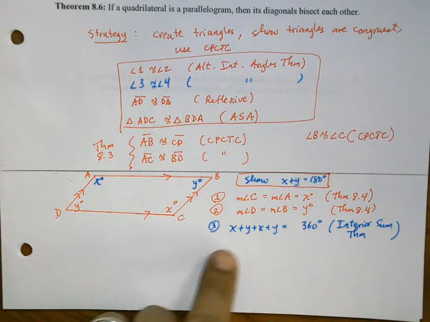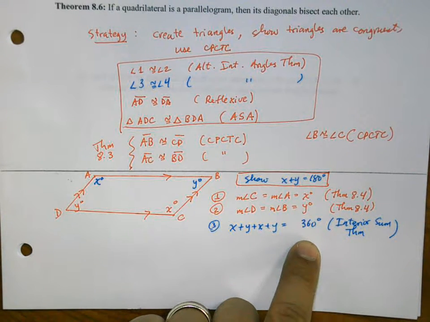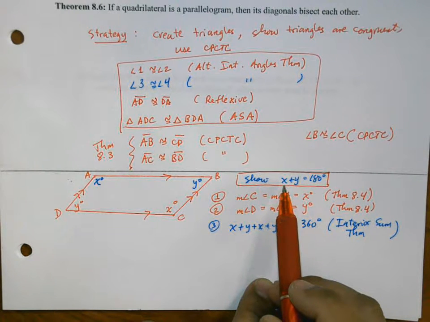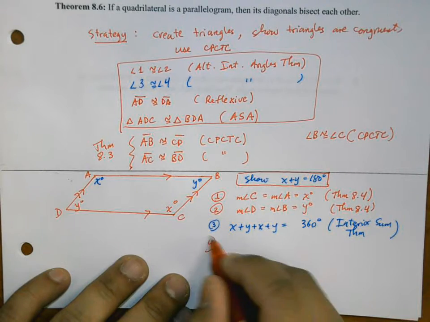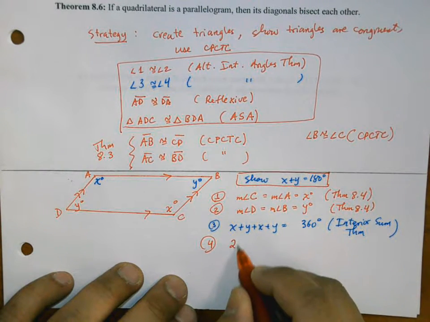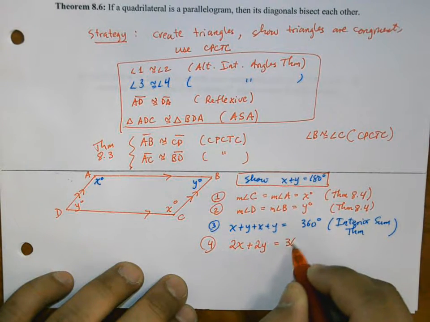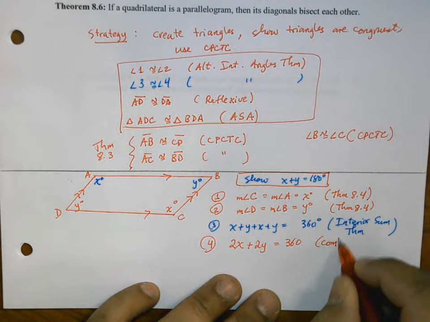So from here, even though we have two variables and 360 degrees, we can still complete the proof because the proof only asks us to show that the two variables add up to 180. Combining like terms, I get 2X plus 2Y equals 360 degrees.